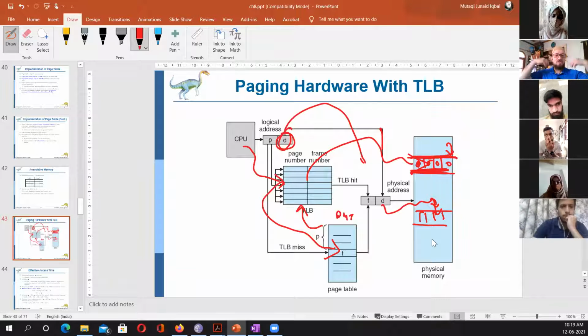Now I am saying that not all instructions are in RAM, only a few parts, because we have a multi-programming concept and multiple programs running at the same time, all in my RAM. So my RAM has no space. So what should I do? I keep part of that program in RAM and the rest in the hard drive.